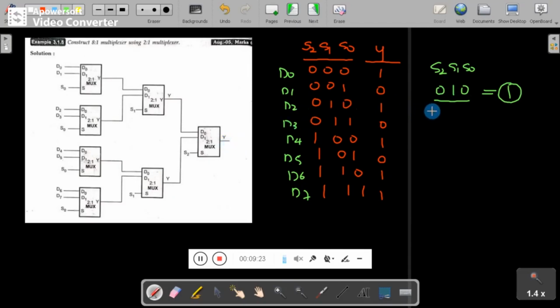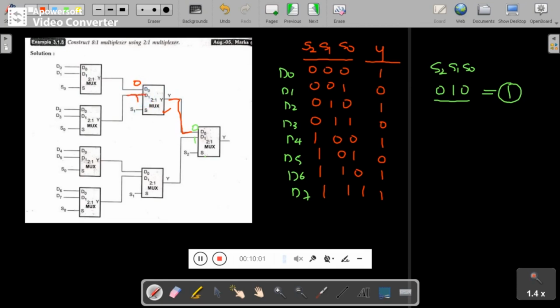So here it works in this way. Here you have to apply reverse engineering. When S2 is 0, this control line is 0, then this line will work. S2 can take either 0 or 1. When the control line S2 is 0, this line will work. Now this IC will work here. In this IC, you have to see S1 is 1.